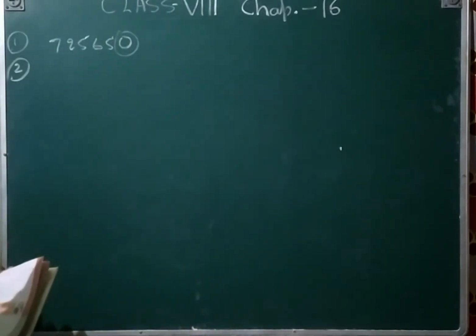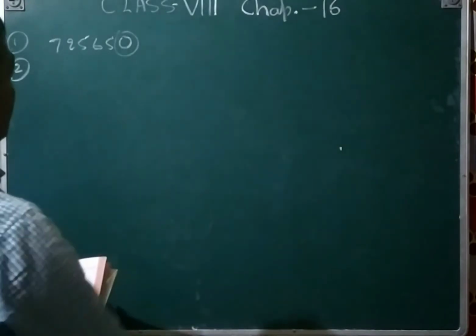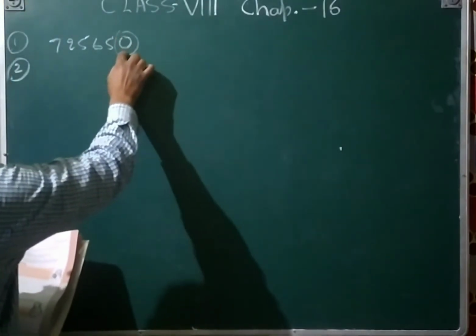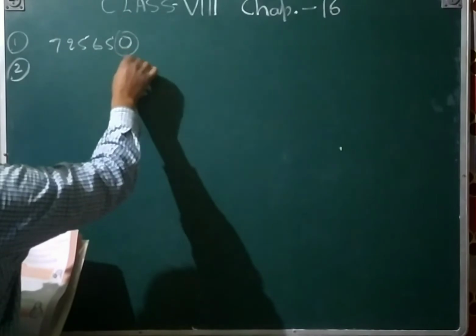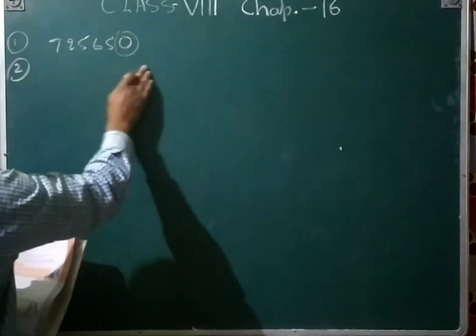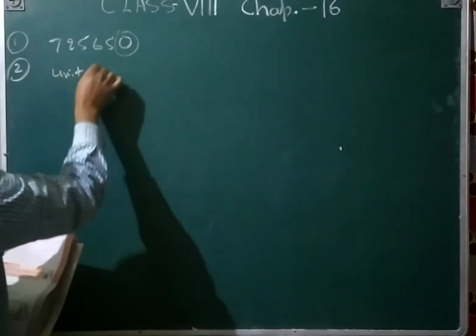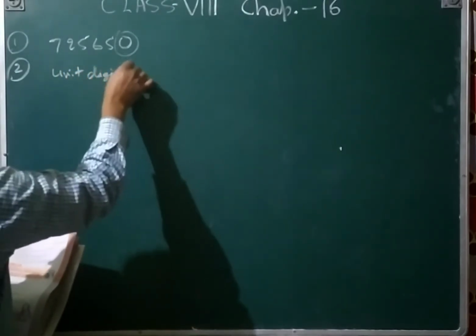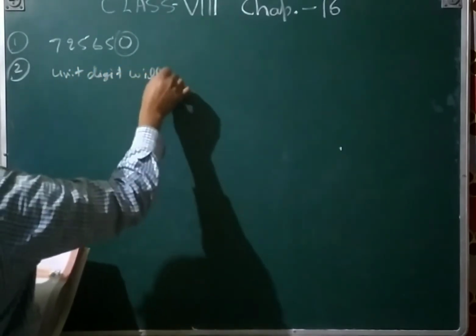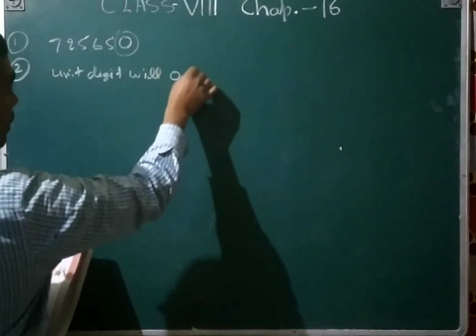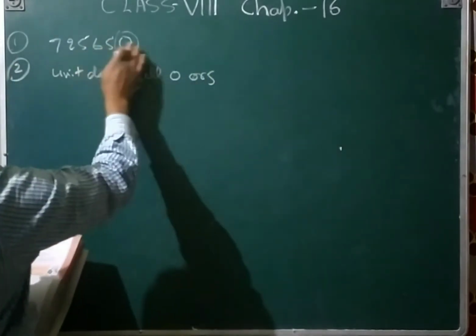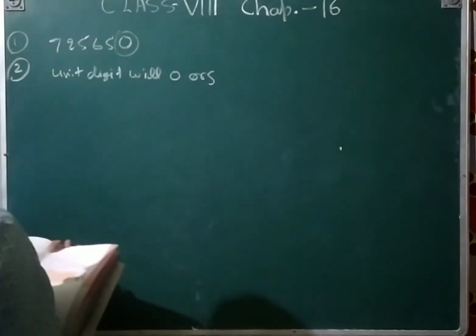And 2, what is the divisibility of 2? If the last digit is even. Like this, for the divisibility by 5 the unit digit will be 0 or 5, or here the unit digit will be only 0.